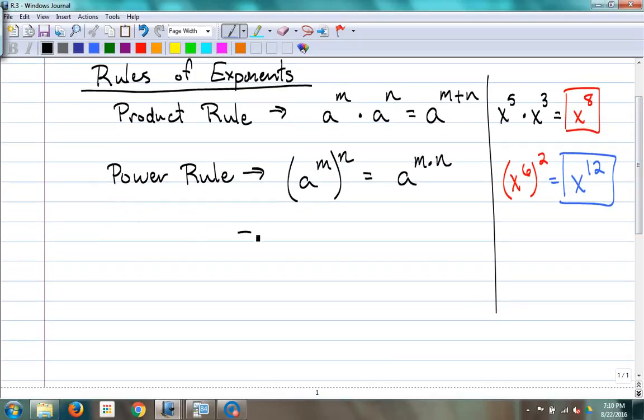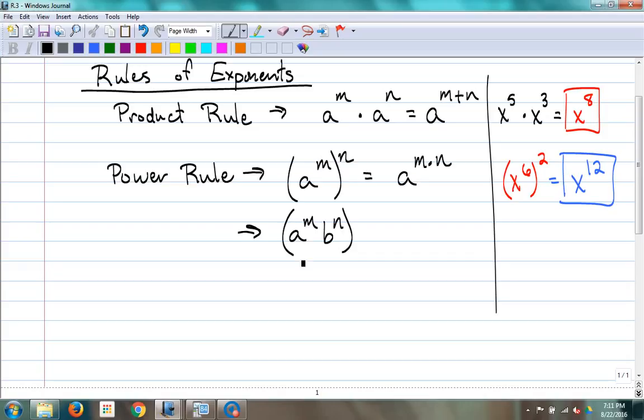Kind of a subset of that power rule. What if you have more than one thing inside of the parentheses? So here, this first one, we just had the a to the m power inside of there. If you've got something else, let's say you had a to the m, b to the n, and that's inside parentheses. Those bases are not the same, so you couldn't put those together.